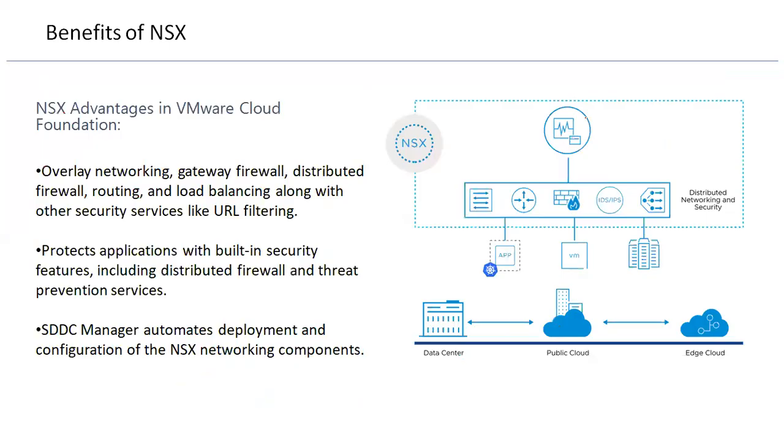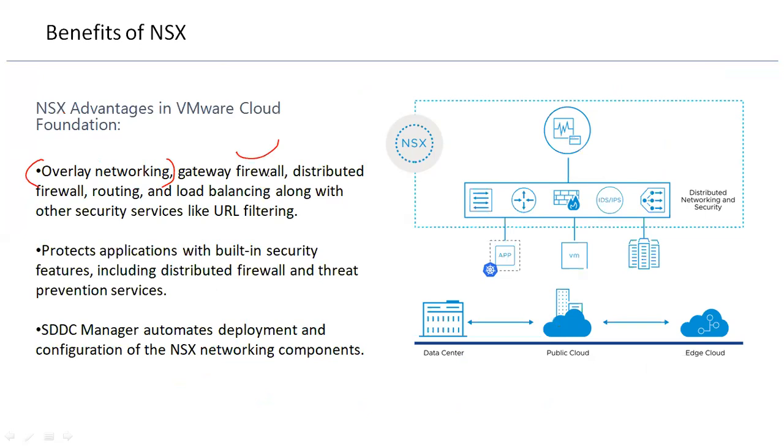Moving ahead, if we see the overall advantages of NSX within VMware Cloud Foundation, NSX provides us overlay networking. When we talk about overlay, probably you have heard about underlay and overlay. Any traffic passing through the overlay is more secure compared to the traffic moving through the underlay network, encapsulated with Geneve encapsulation. Then it provides gateway firewall function.